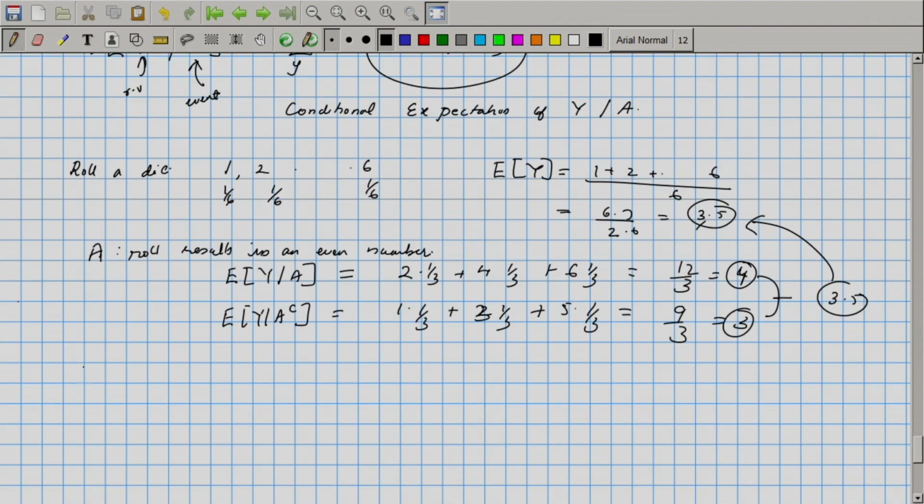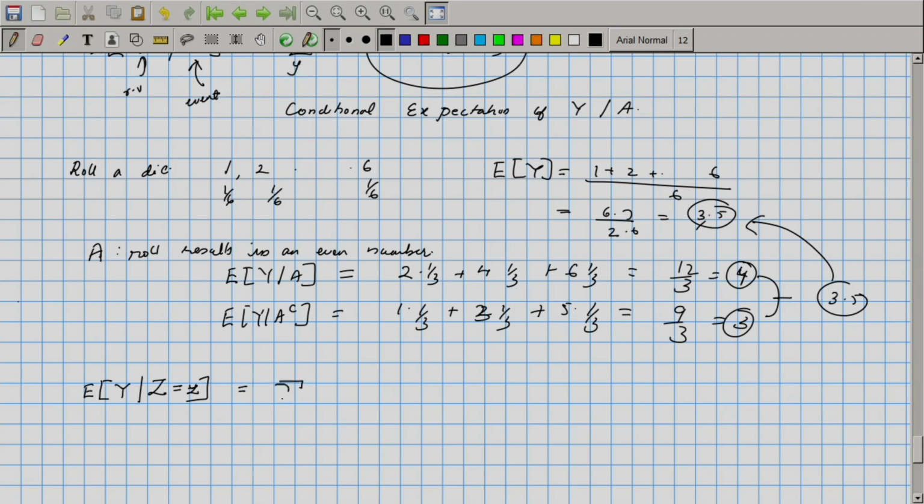So, the form that we will be most commonly using is the conditional expectation of Y given the random variable Z takes a value small z. Instead of talking about an arbitrary event, we are looking at events which are described using random variables.